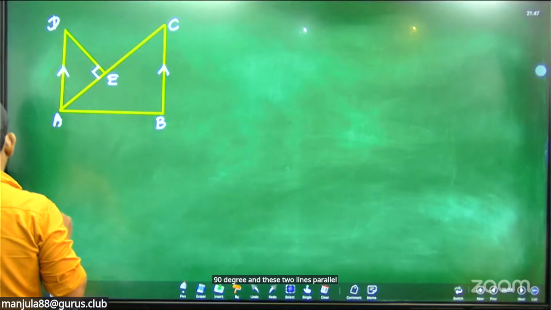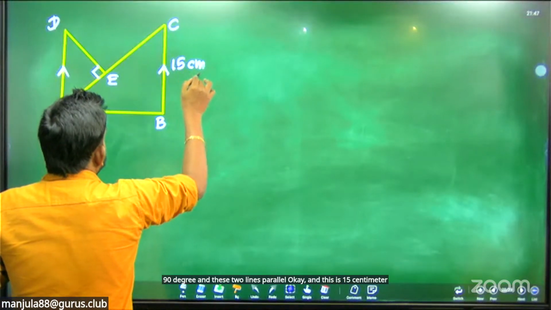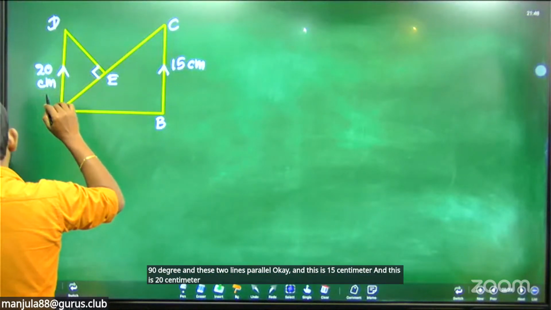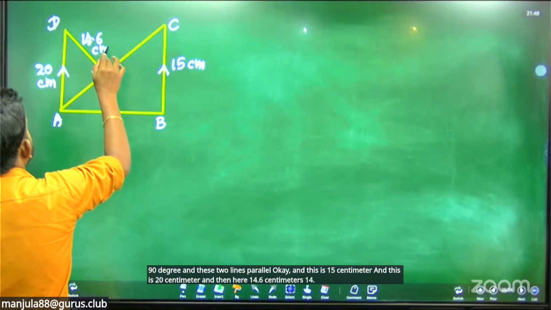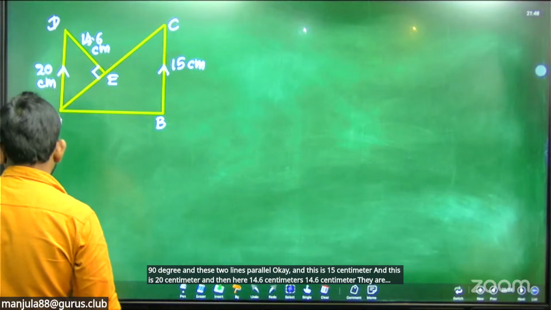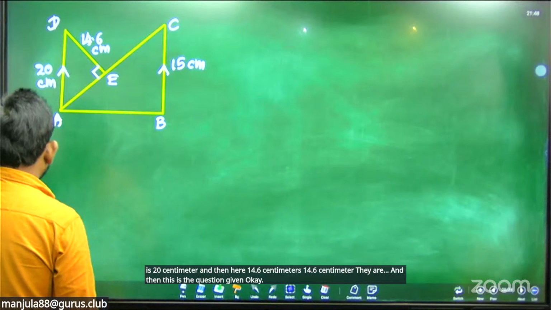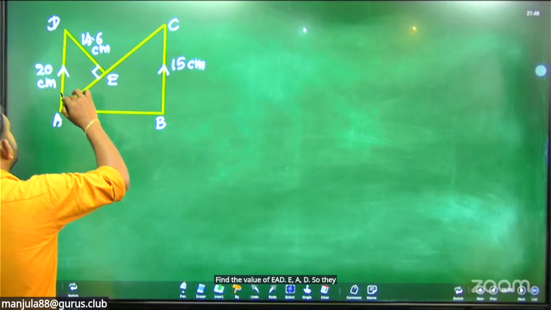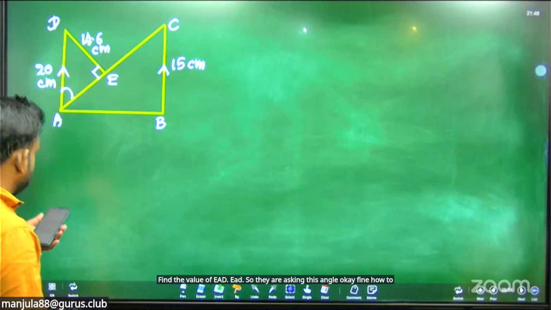Okay, and this is 15 centimeters, and this is 20 centimeters, and then here 14.6 centimeters. They are, and then this is the question given. Find the value of EAD. So they are asking for this angle. Okay, fine. How to find this angle? Now check everyone.